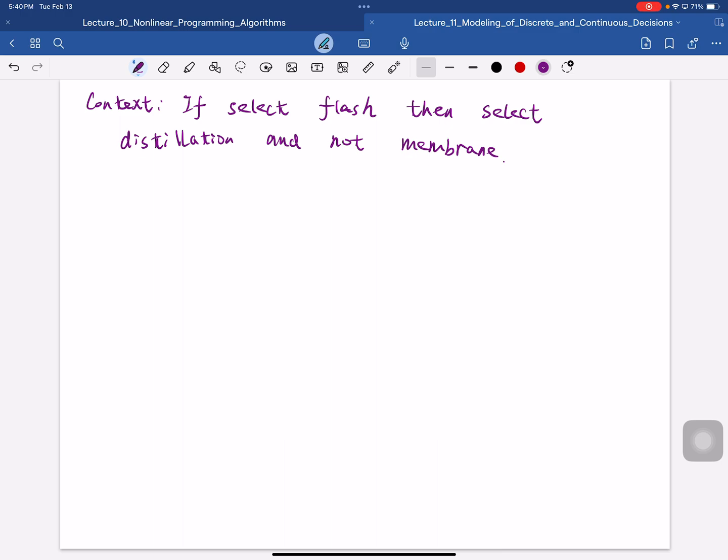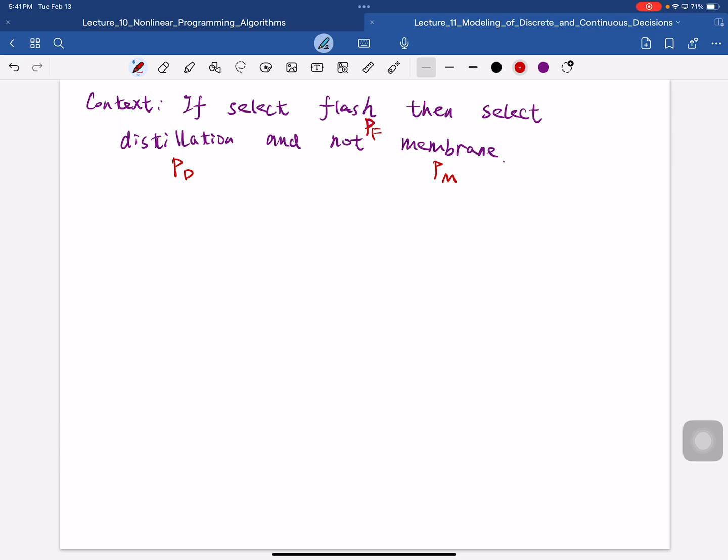Since we have 3 decisions to make, let's use a variable PF to represent whether we select flash or not, PD to represent whether we select distillation or not, and then this is P sub M. So how do we represent a logic proposition here?